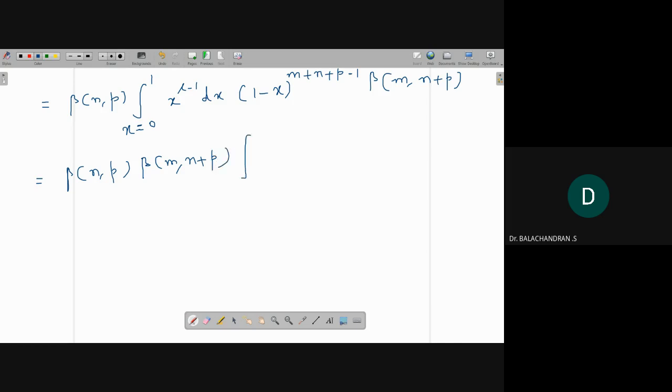Remaining is the integral from 0 to 1 of x power l minus 1 into (1 minus x) power m plus n plus p minus 1 dx. So this is equal to beta of n comma p into beta of m comma n plus p.